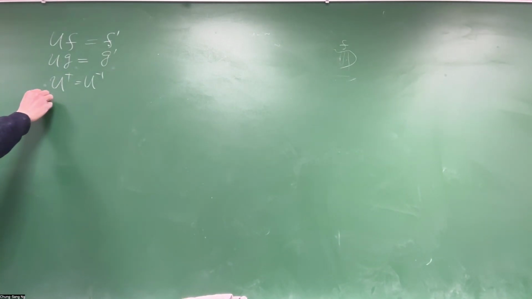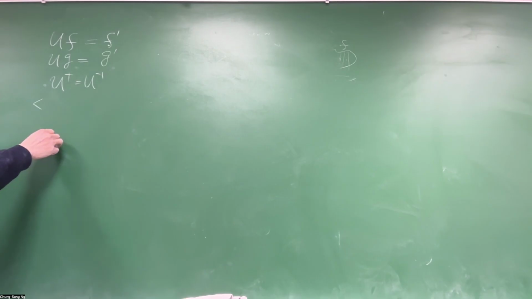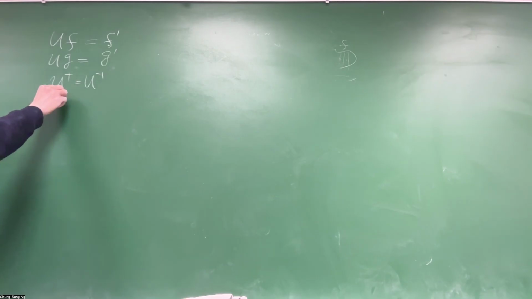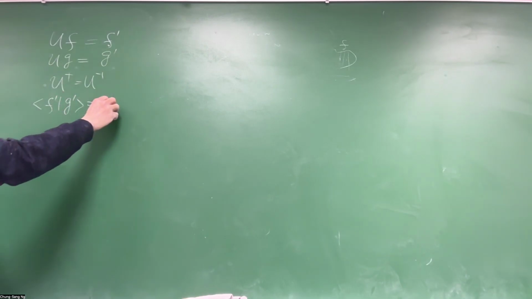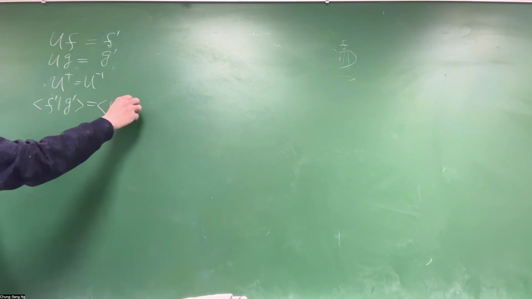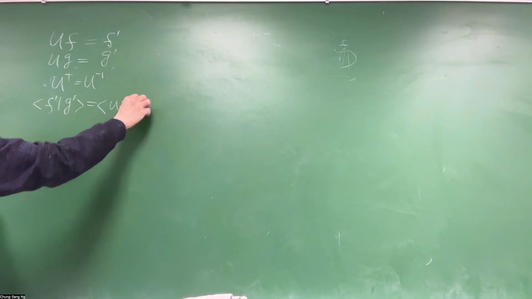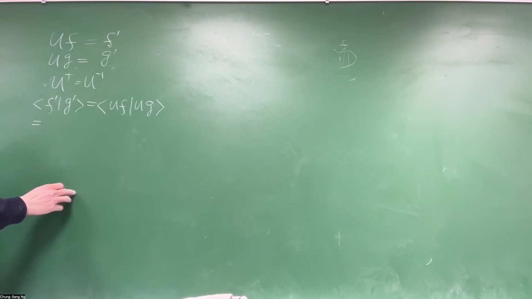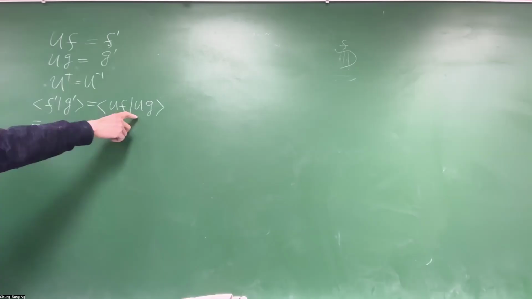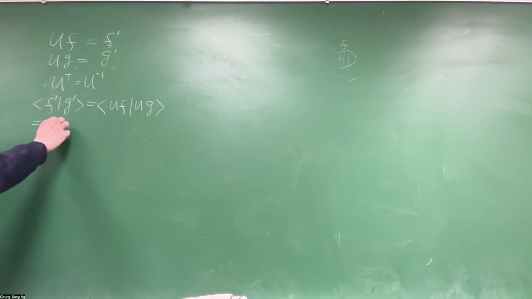Then you can see that for f prime and g prime, the scalar product is Uf and then Ug, right? And then just apply the definition of the adjoint, so move this to the left side.